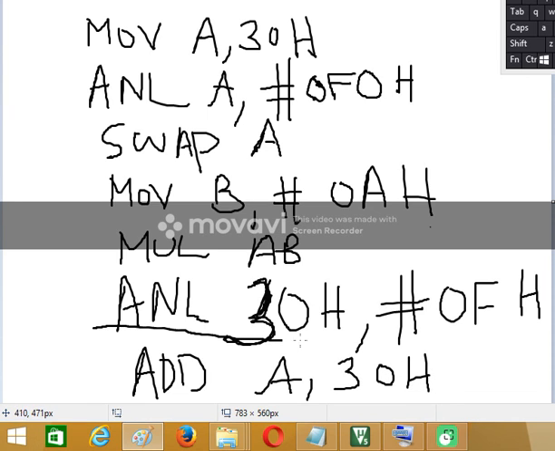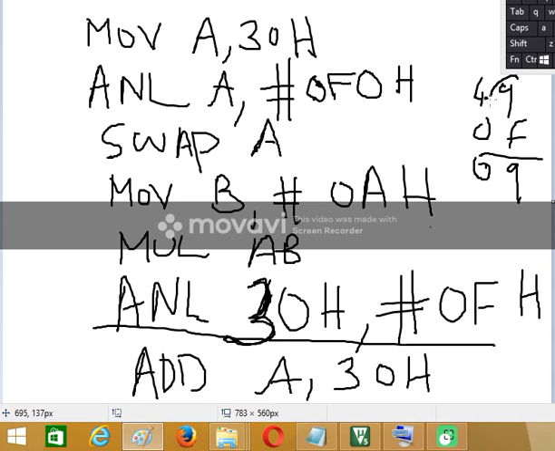What I have done in this step is take the number in 30H and AND it with 0F. ANDed with 0F means it becomes the unpacked units digit. For example, if it is 49, AND with 0F will make it 09. That is nothing but the units place.